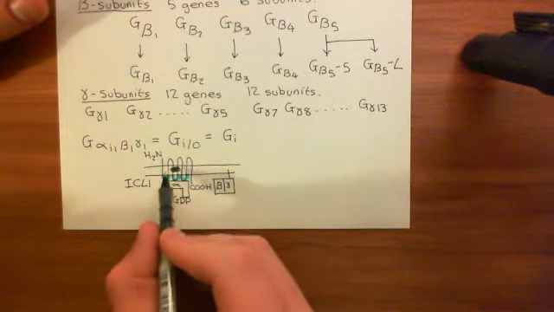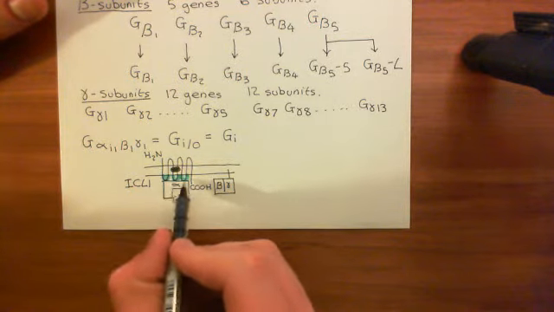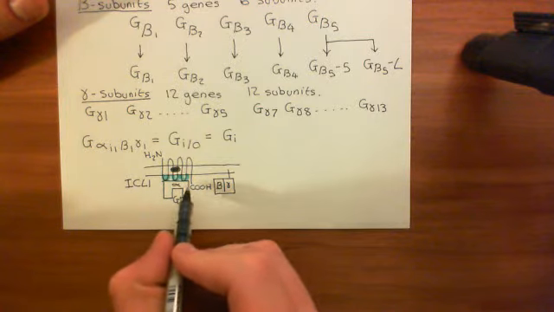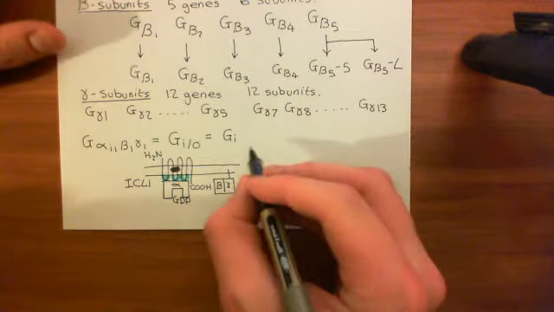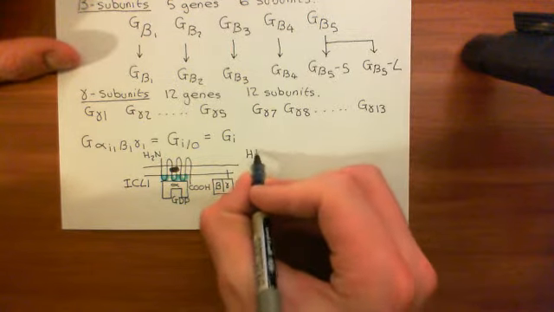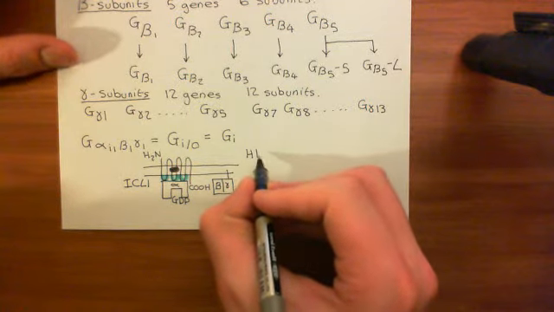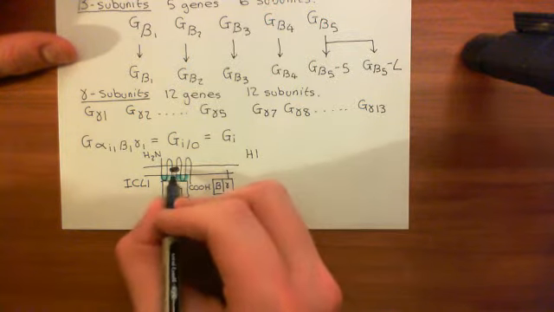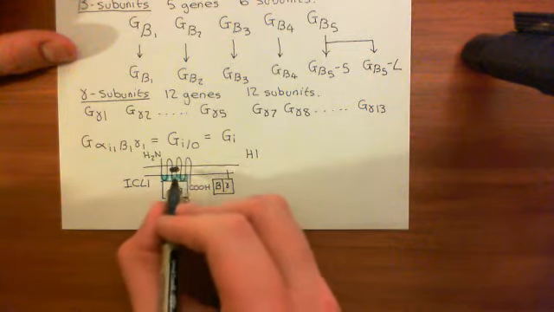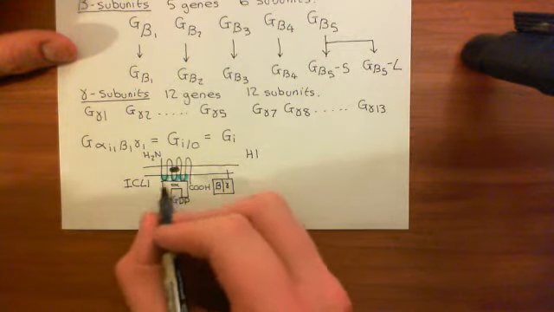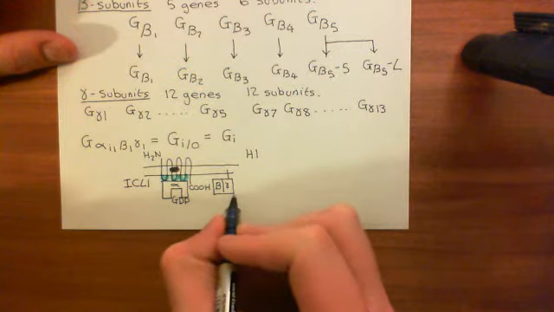Now, specific G protein coupled receptors will bind different alpha subunits. For instance, the H1 receptor, which is an example of a rhodopsin family G protein coupled receptor, has histamine as its ligand, and when histamine binds, it will undergo a conformational change, and it will then interact with heterotrimeric G proteins.